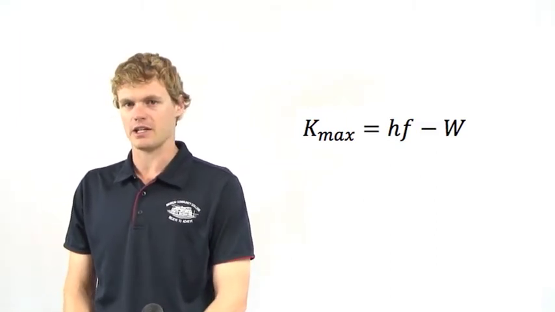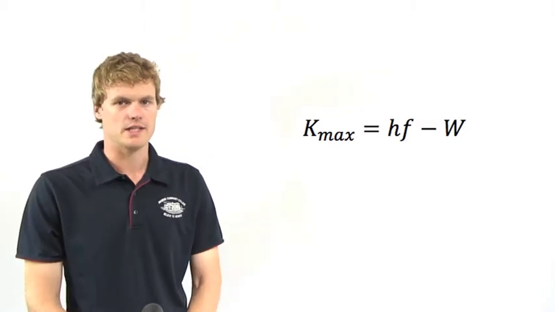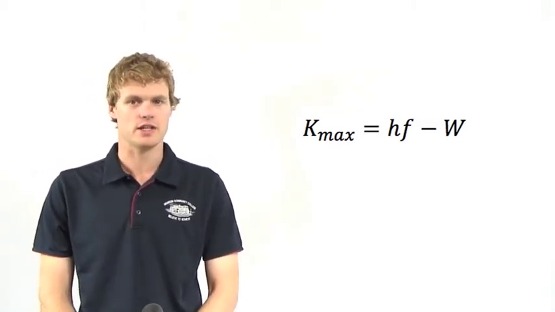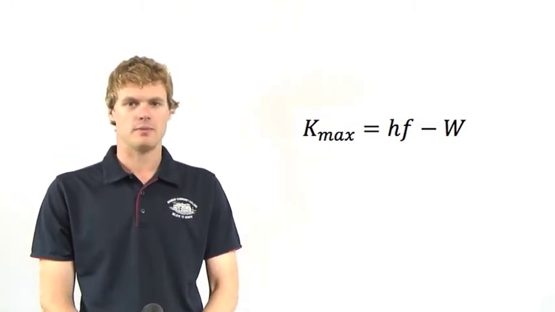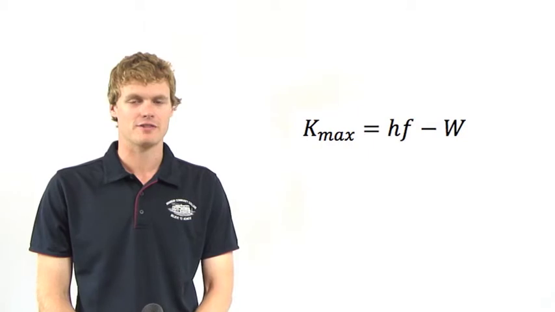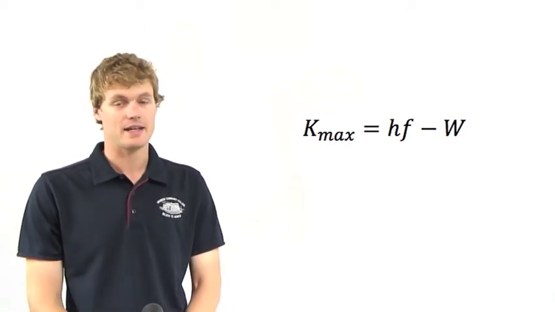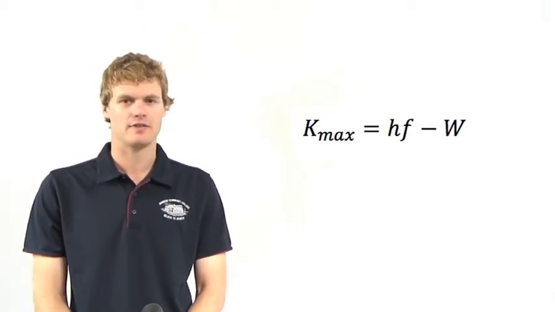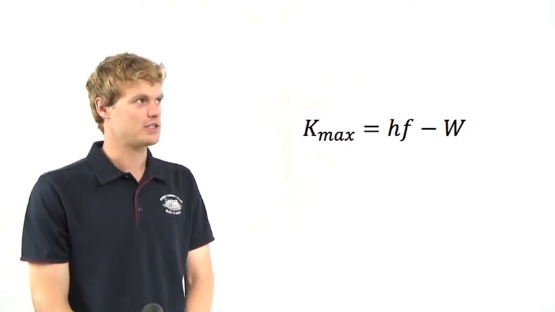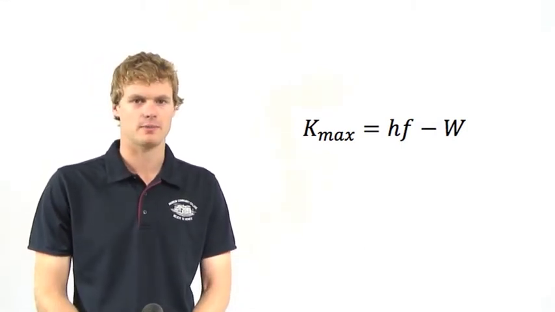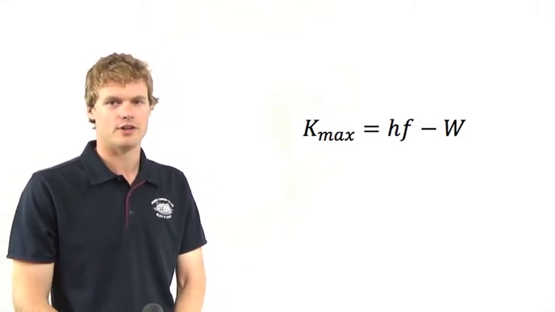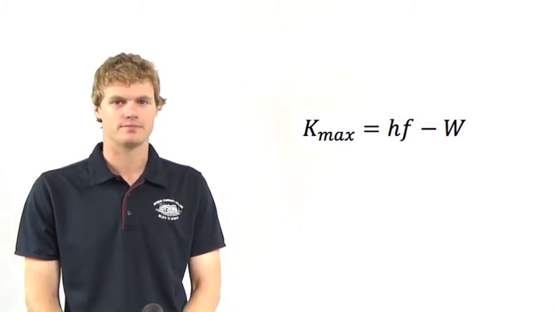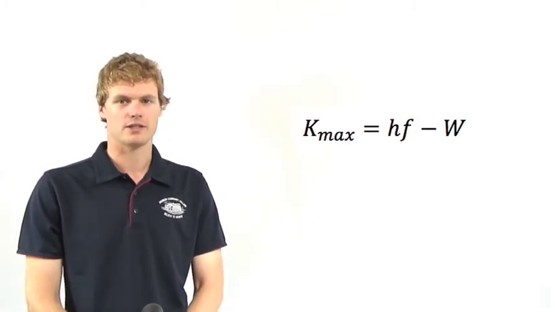If energy is equal to hf, our kinetic energy is going to be equal to hf take away W. Now W can be calculated using the threshold frequency. So the kinetic energy of our electrons is going to be hf, where f is the frequency of the incoming photon, take away hf naught, where f naught is the threshold frequency, times Planck's constant. So we can calculate our kinetic energy this way.